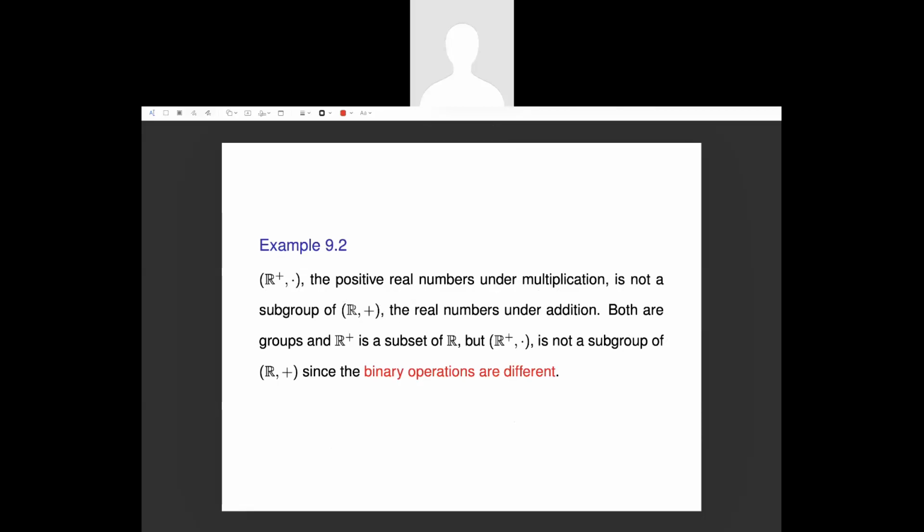If we take the set of positive real numbers but change the binary operation to multiplication, then by definition it is a subset of R, but it is not a subgroup because the binary operations are different. We have taken two different binary operations for group G and group H, so this is not a subgroup of the given group G.